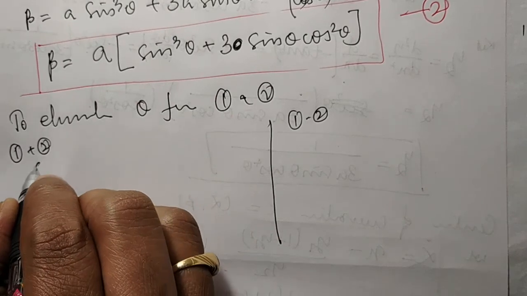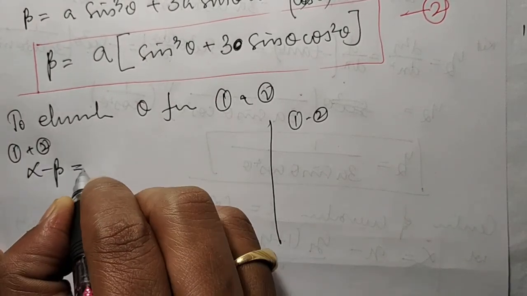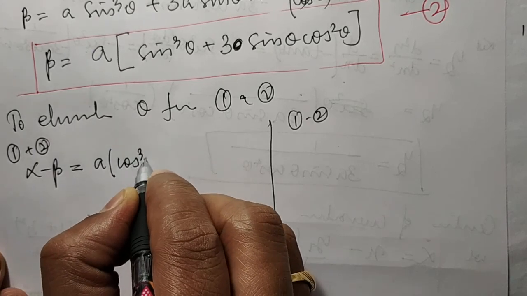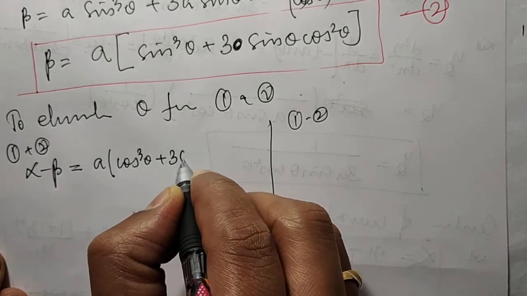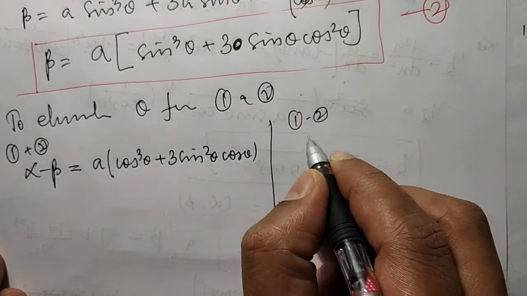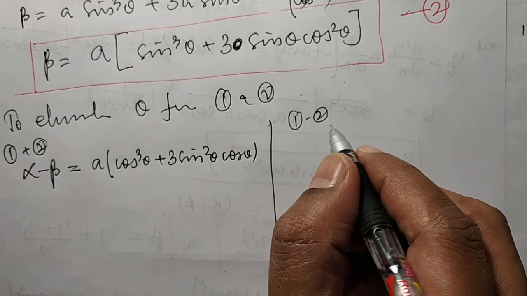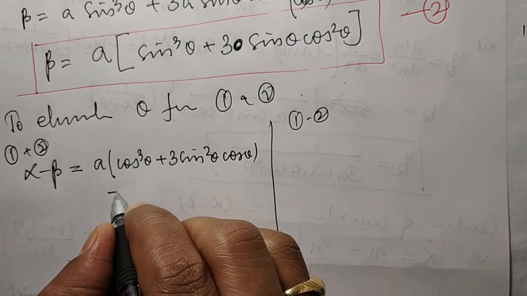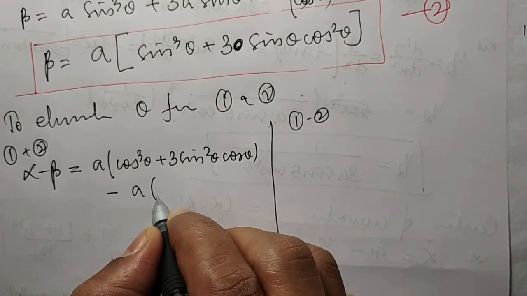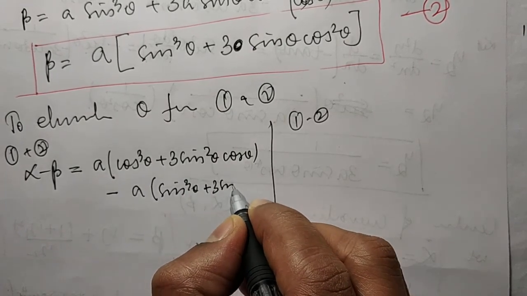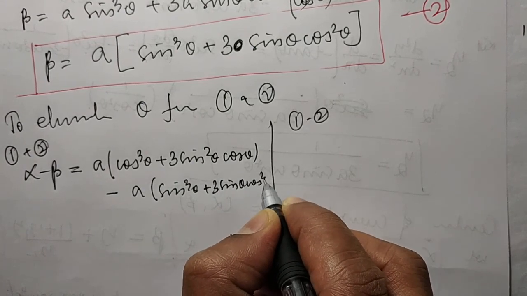Here, if we add equation number 1 and 2, you can see alpha minus beta is equal to a into cos cube theta plus 3 times sin square theta into cos theta, minus a into sin cube theta plus 3 times sin theta into cos square theta.